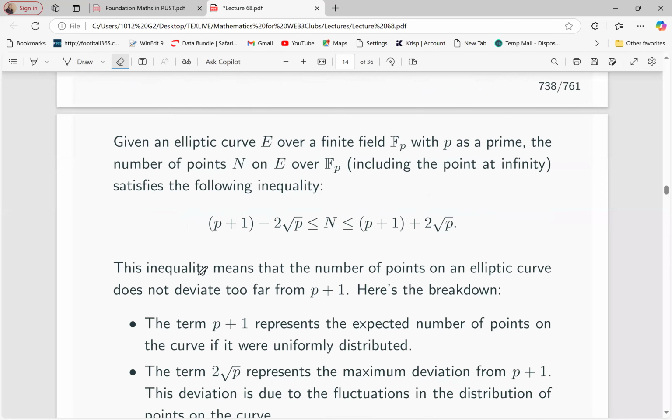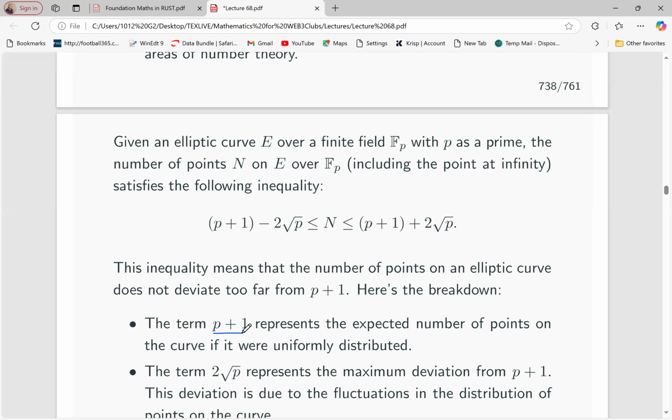So what are the expected number of points? We expect p plus 1 points, actually. If p was 7, we expect 8 points. This is the expected number of points, if they were to be uniformly distributed. But now, if there could be any deviations, then the deviation will be this to the right and to the left.